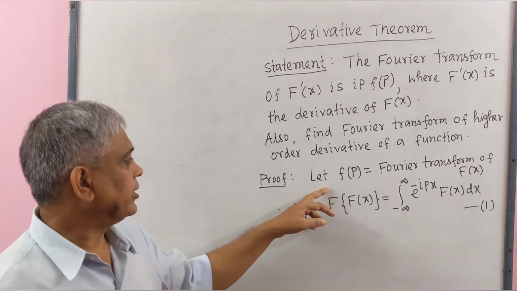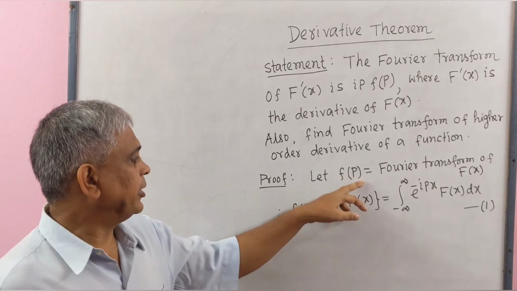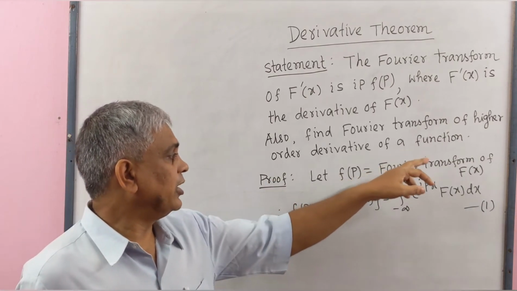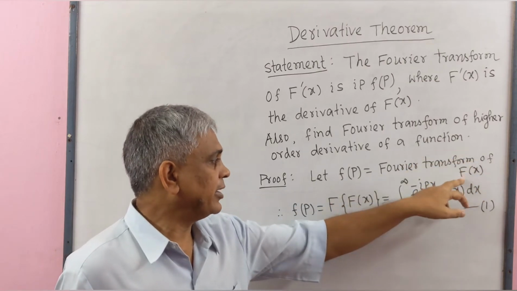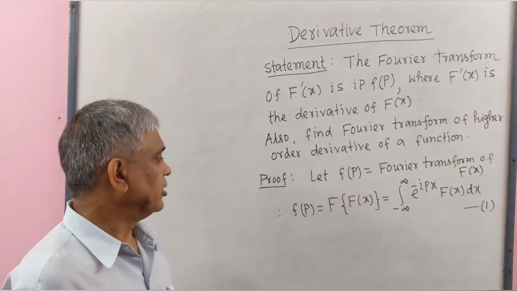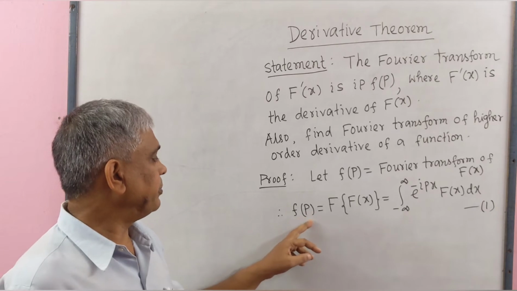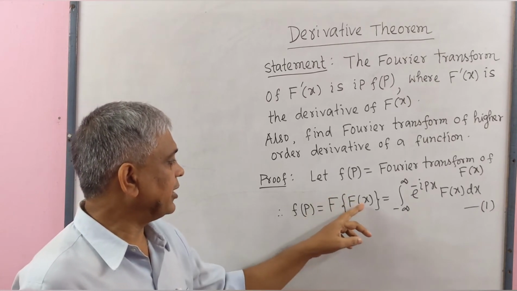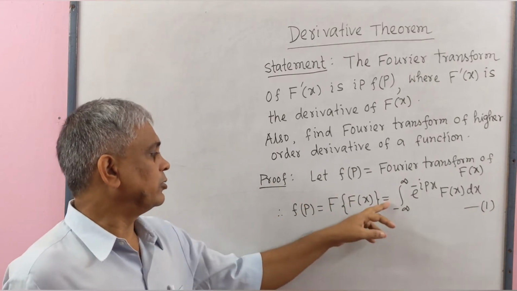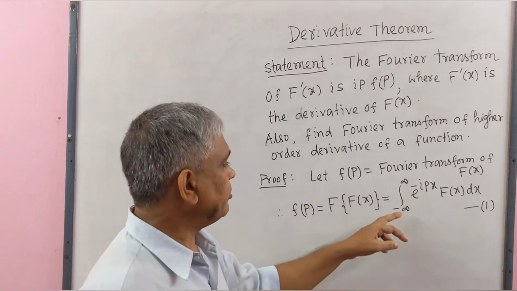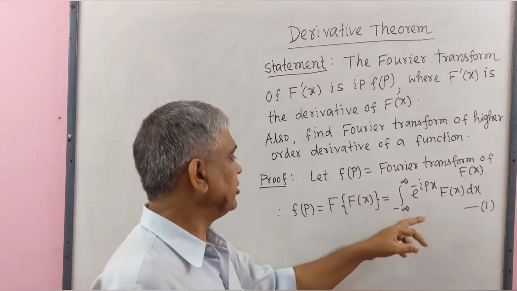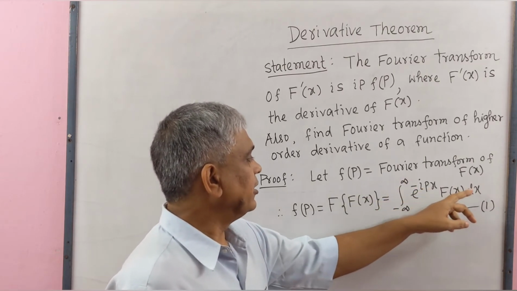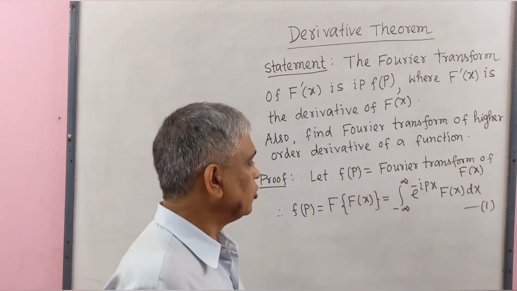Proof: let F(p), a function of p, equal the Fourier transformation of f(x). Therefore F(p) equals the Fourier transformation of f(x), equal to the integration from minus infinity to infinity of e to the power minus ipx f(x) dx. This is number 1.